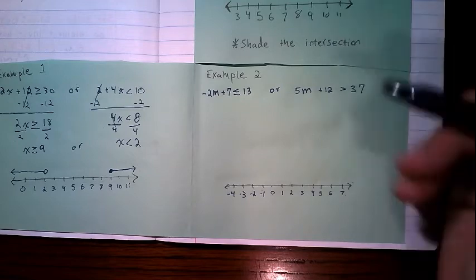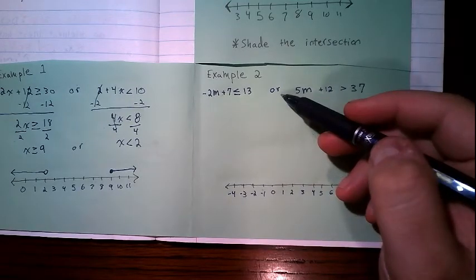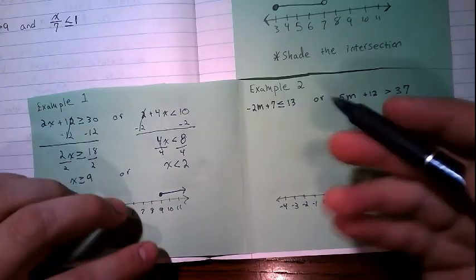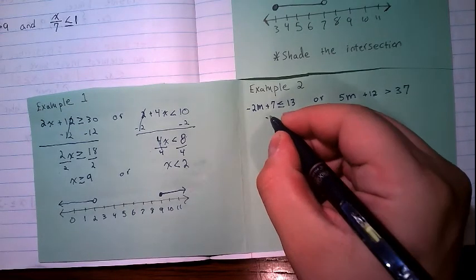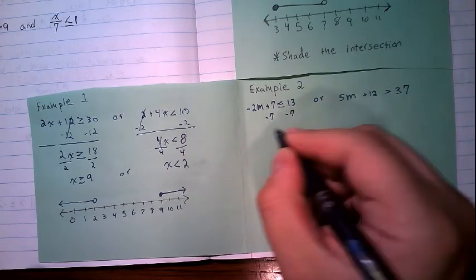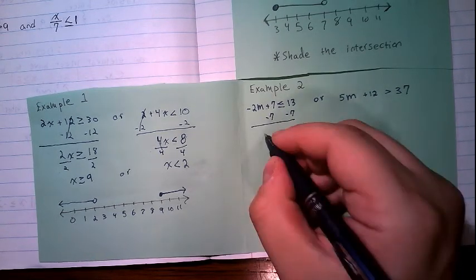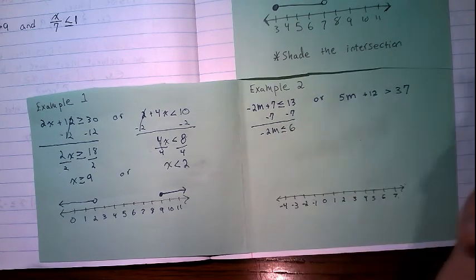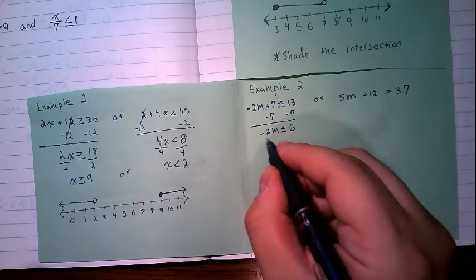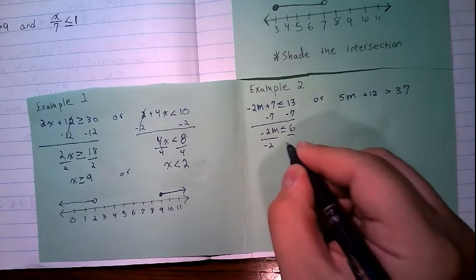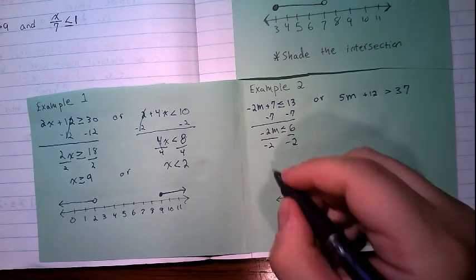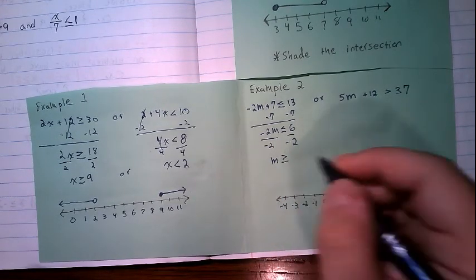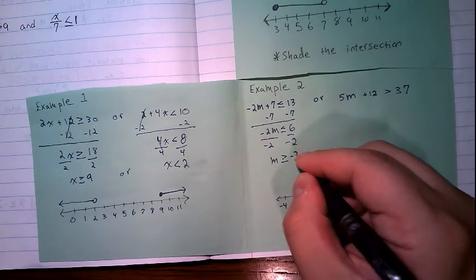Similar strategy. I have an or, but I've got 2 separate inequalities I have to solve. So let's start with the left one. I subtract 7 from both sides. Negative 2m is less than or equal to 6. Divide by negative 2. m is greater than or equal to negative 3.